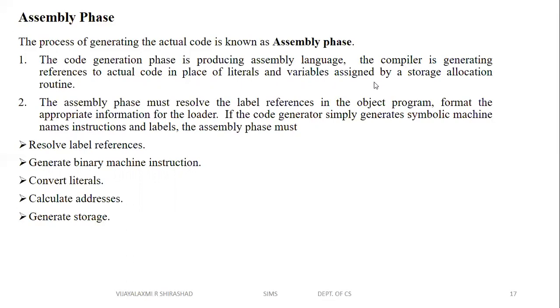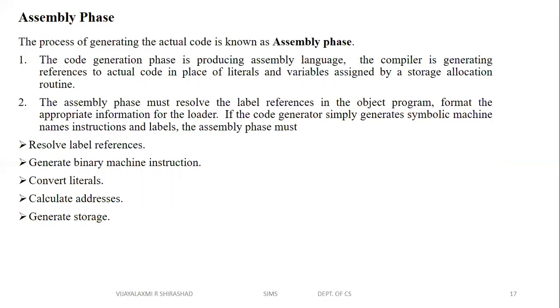If the code generator simply specifies the symbolic names, instructions, and labels, then obviously the assembled code is going to be produced for the loader depending on that instruction. The loader will load the entire instruction into memory for the process of execution. So like this, internally the compiler processes its task through all these phases.